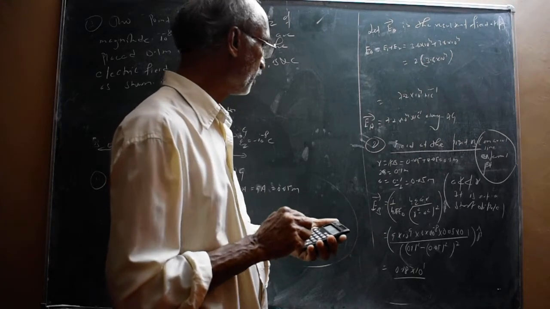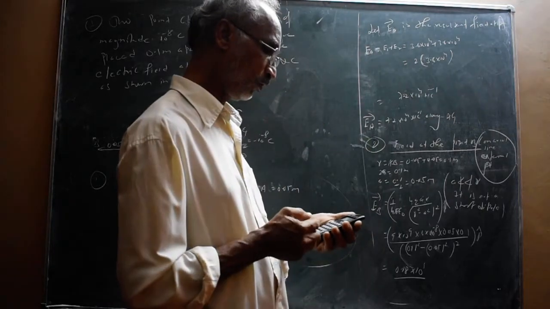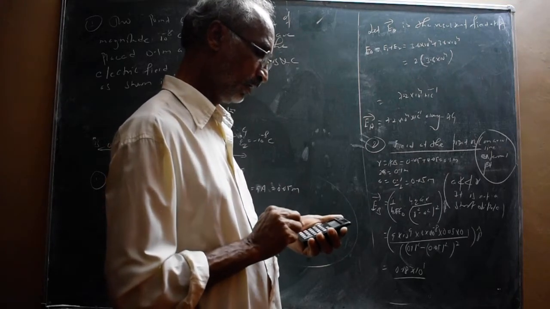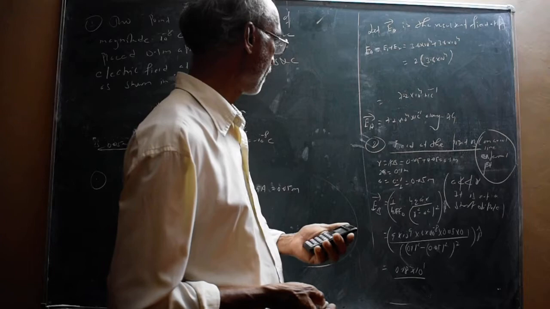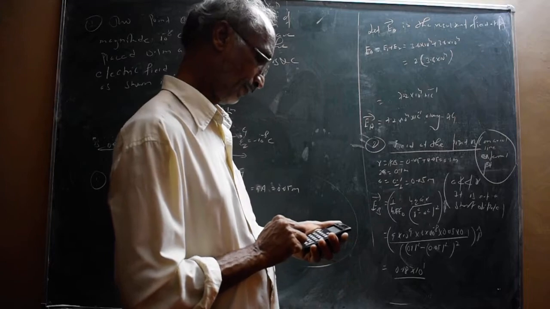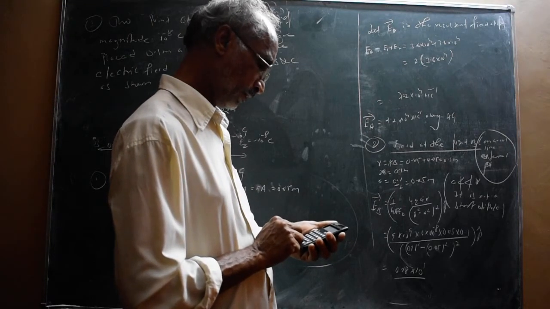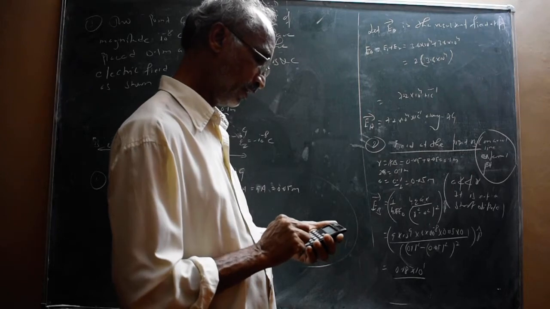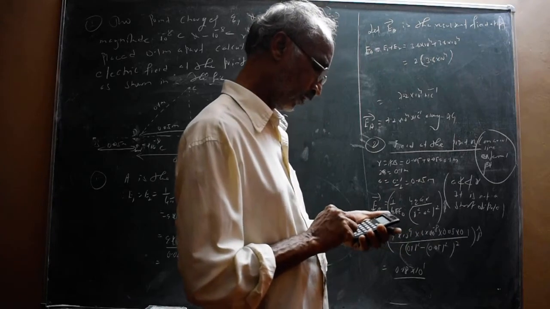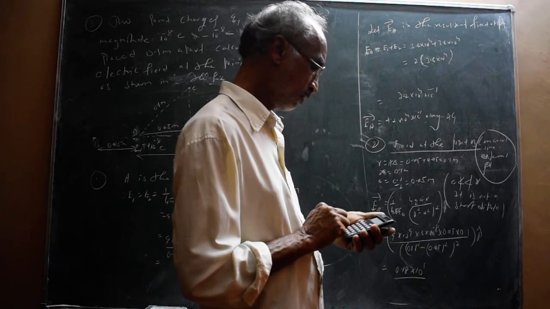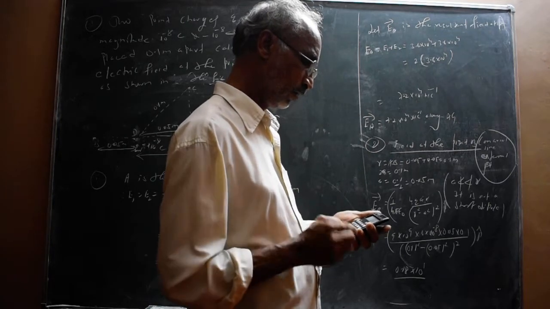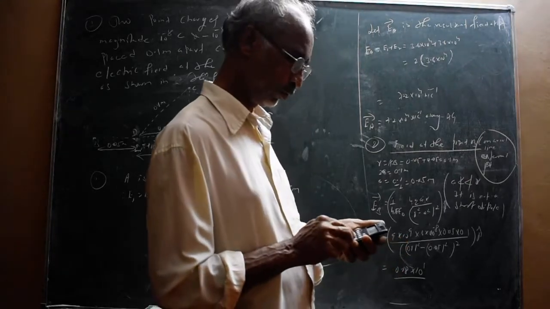It is 0.1 square, 0.01, minus 0.05 square, 0.0025. 0.01 minus 0.0025 equals 0.0075, the whole square.